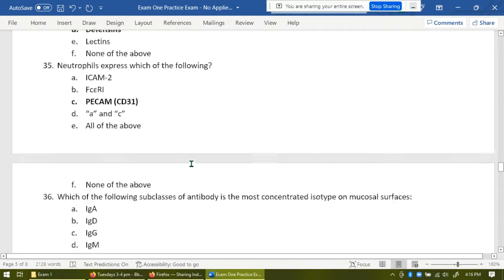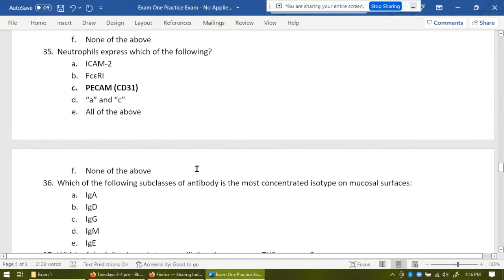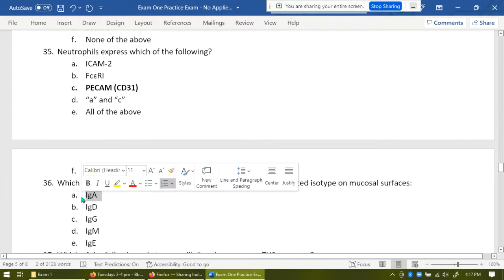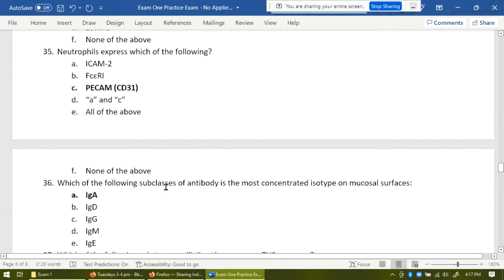Which of the following subclasses of antibody is the most concentrated isotype on mucosal surfaces? Mucosal surfaces, that is IgA. You should just know that. IgA is mucosal surfaces and alternative pathway. IgG, that one's in the blood and classical pathway.